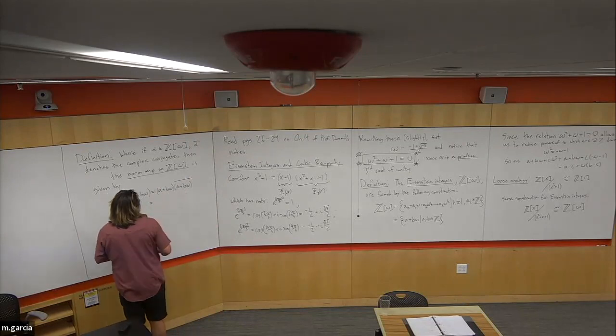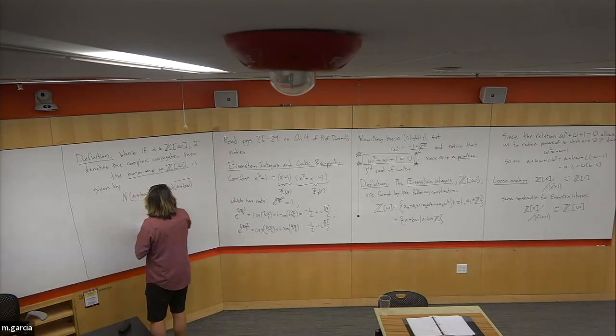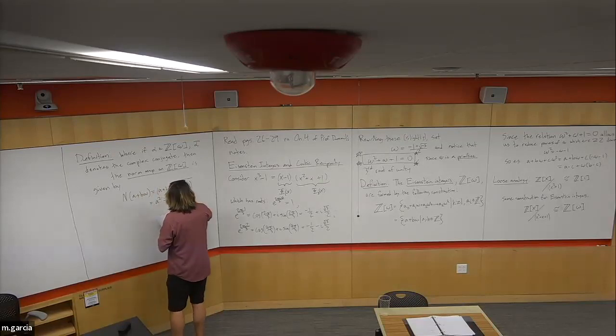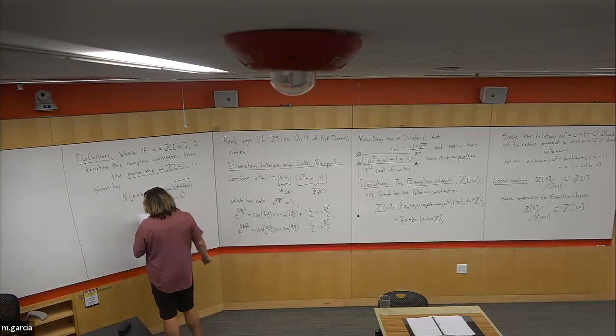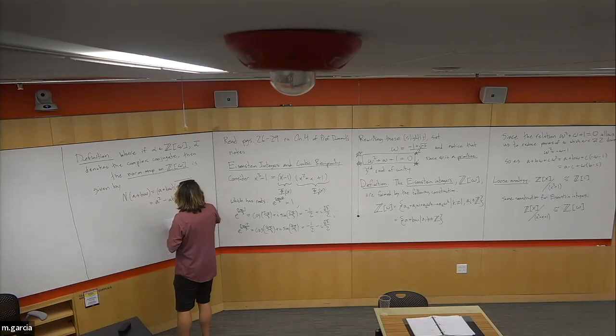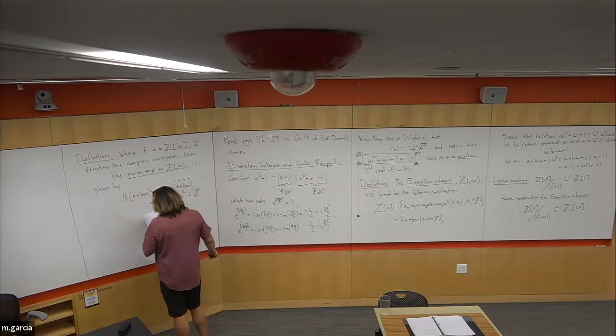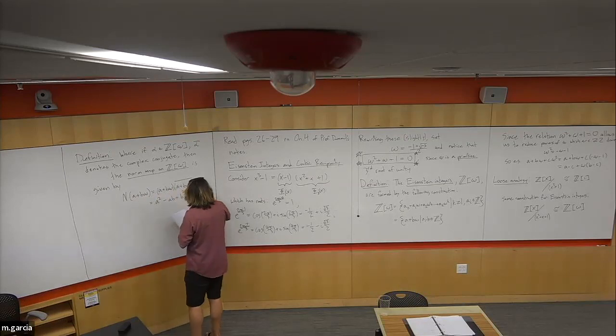Which it turns out has a really nice formula: A squared minus AB plus B squared, which you'll notice is always a non-negative integer.